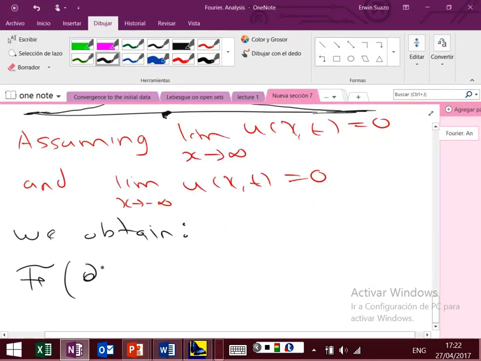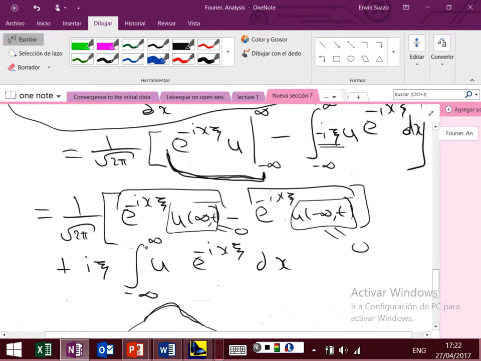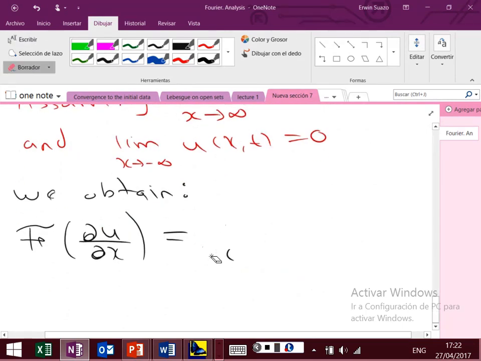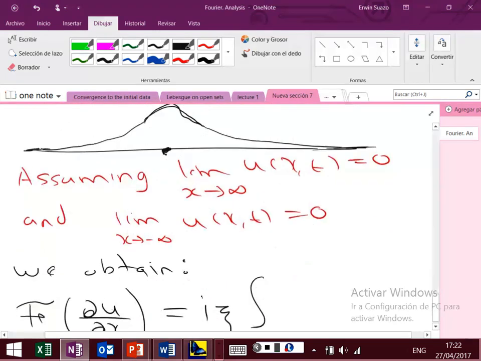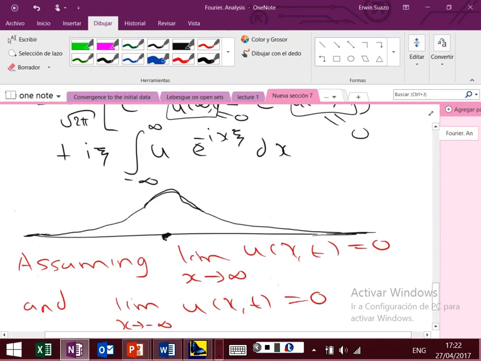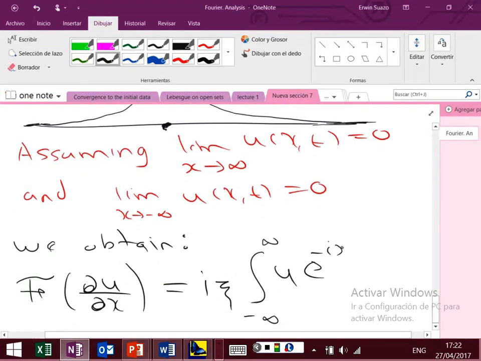So my Fourier transform of the partial derivative of u with respect to x becomes, sorry, no, I'm not doing that. It is i xi times the integral from minus infinity to infinity of u e to the minus i xi x dx.